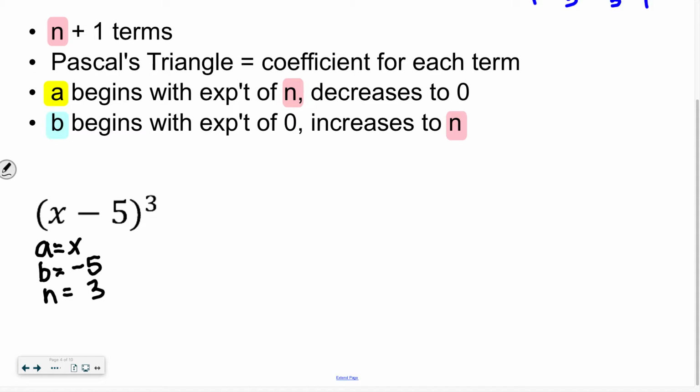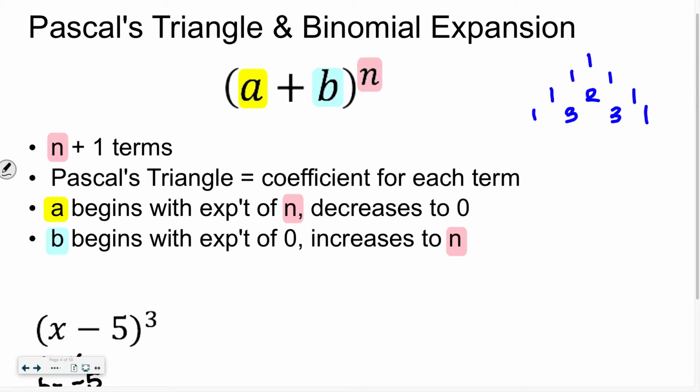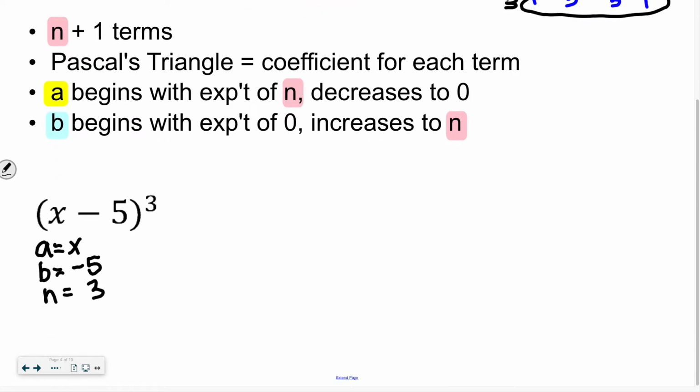Okay, and since I'm raising it to the third, I want the third row in Pascal's triangle. When I create Pascal's triangle, remember the top row is row 0, 1, 2, and 3. So those numbers, 1, 3, 3, 1, or the row with 4 terms in it, are going to be the coefficients to my expansion.